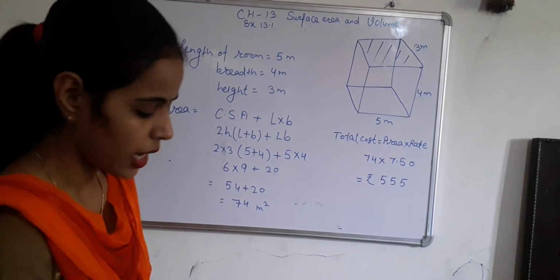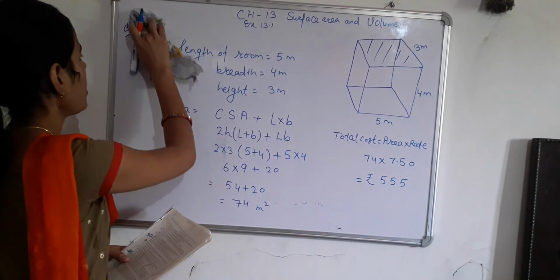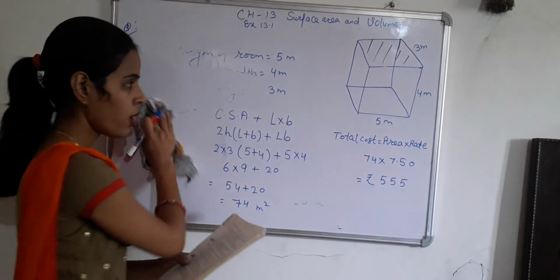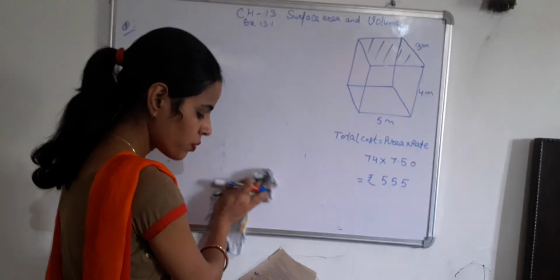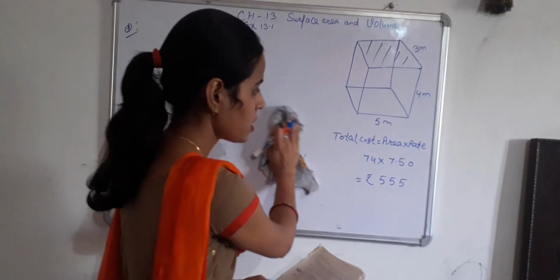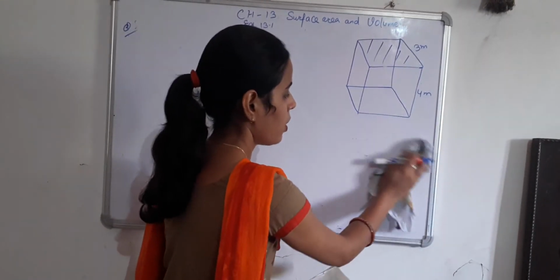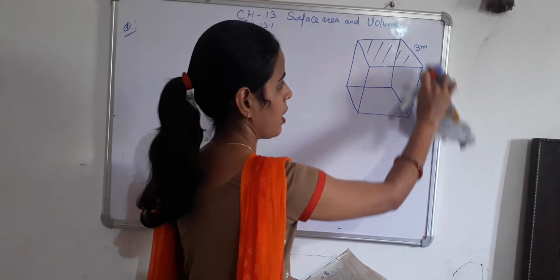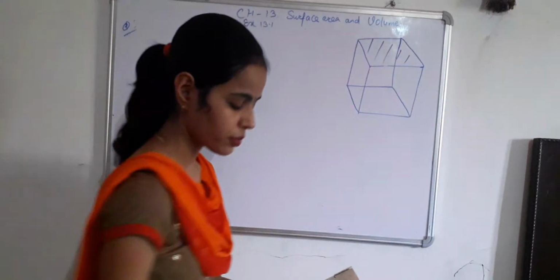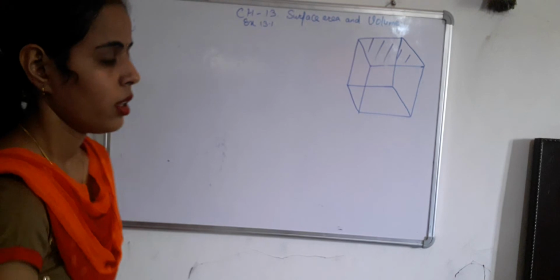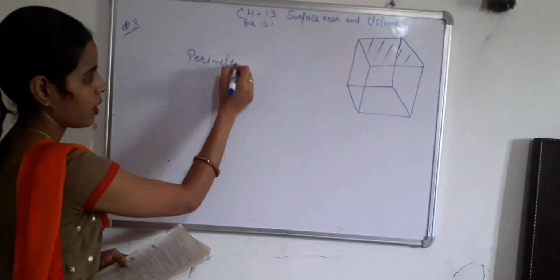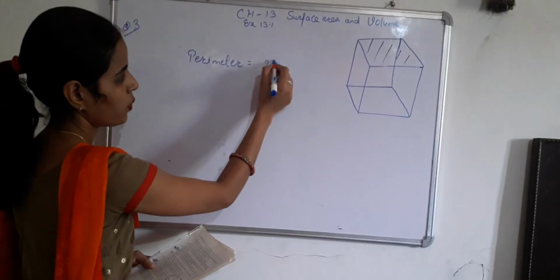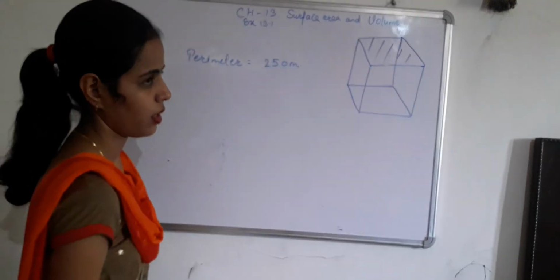Question number 3 is that the floor of a rectangular hall has perimeter 250 meter. If the cost of painting the 4 walls at the rate of rupees 10 per meter square is rupees 15,000, find the height of the room. Perimeter is given equals to 250 meter.